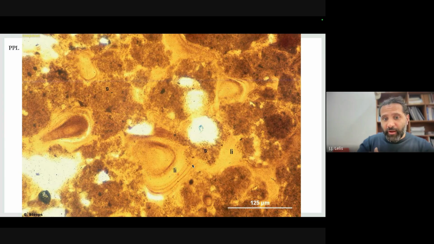So the surface of the peds is covered by clay, and in some cases, this filling, this migration of clay is so intense that you decrease the conductivity of the soil. So the voids now are partially or completely filled by clay. And because of this, the water conductivity, the water penetration through the soil, is quite hard.